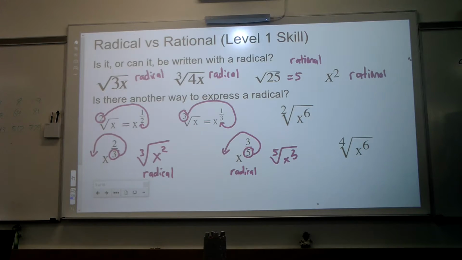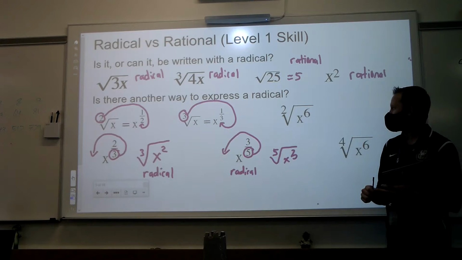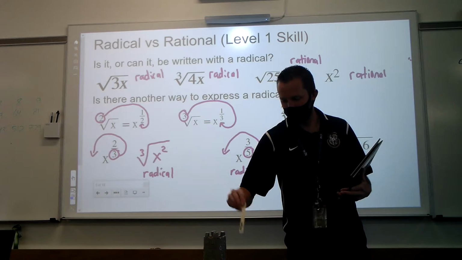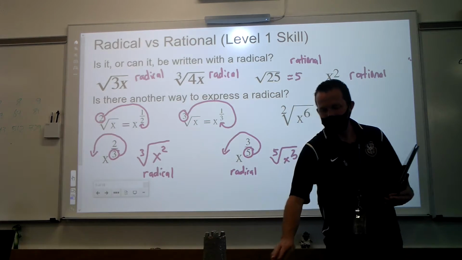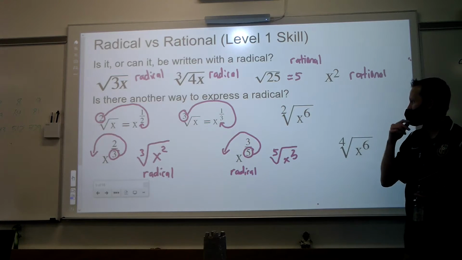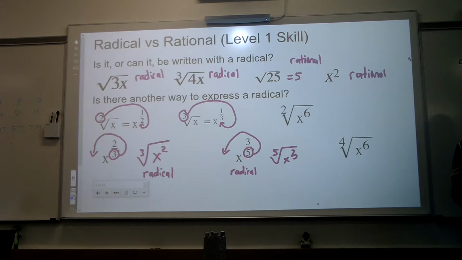Now, let me show you when this actually does work out. I have the square root of x to the 6th. So help me on this one, Melissa. If I were to rewrite this, how could I change that from a square root? How would I rewrite this as an exponent that's a fraction?